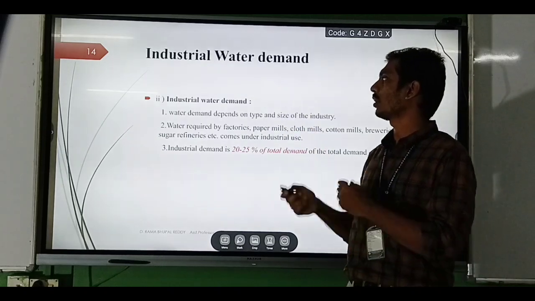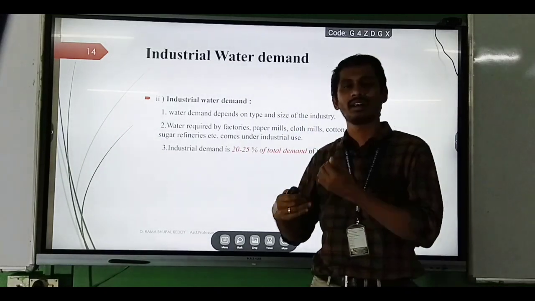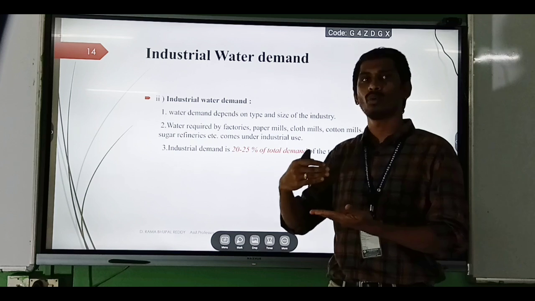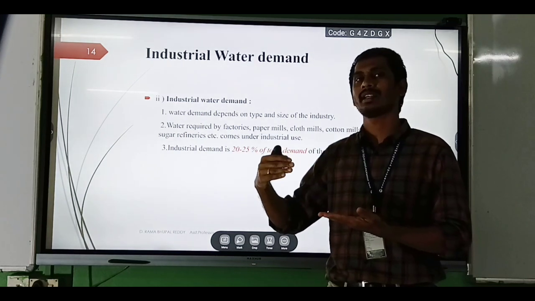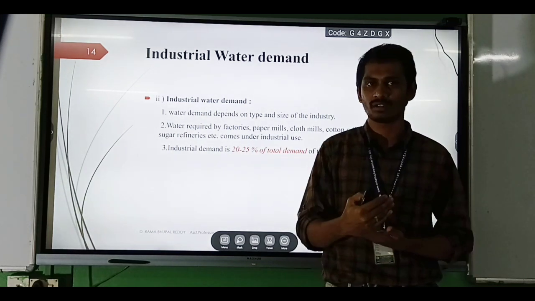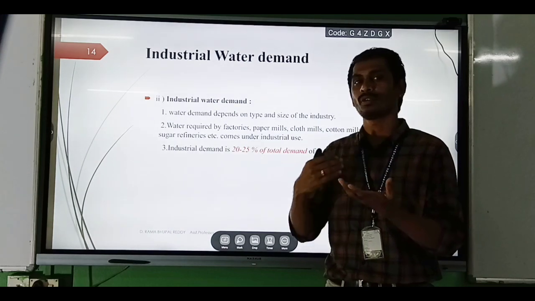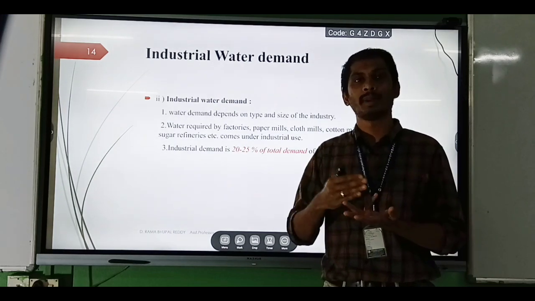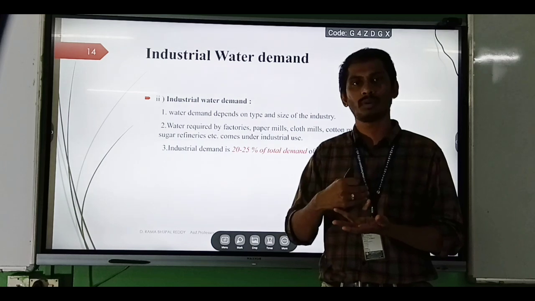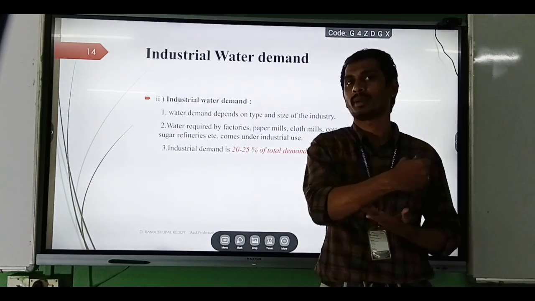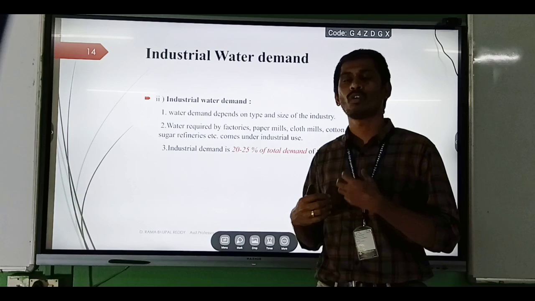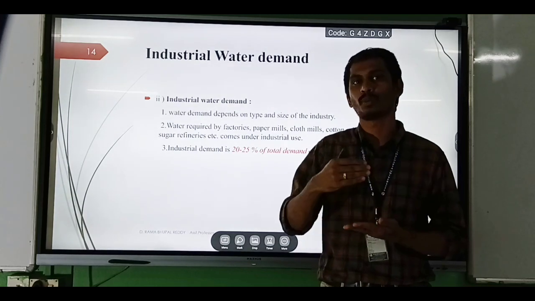Next is industrial water demand. This water demand differs from industry to industry, and second, it depends upon the size of the industry. For example, the amount of water consumed by a paper industry to produce 1 ton of paper is different from the amount consumed by an automobile industry to produce one vehicle.